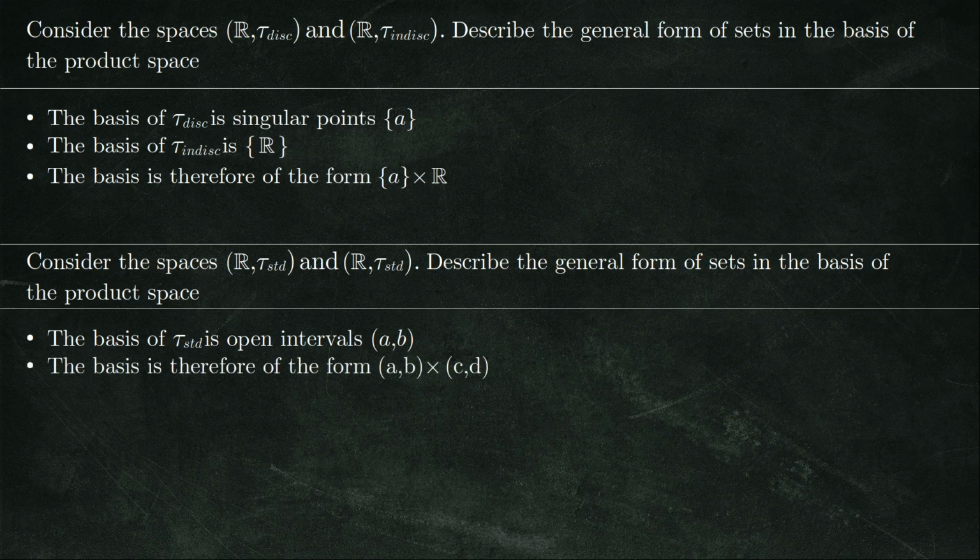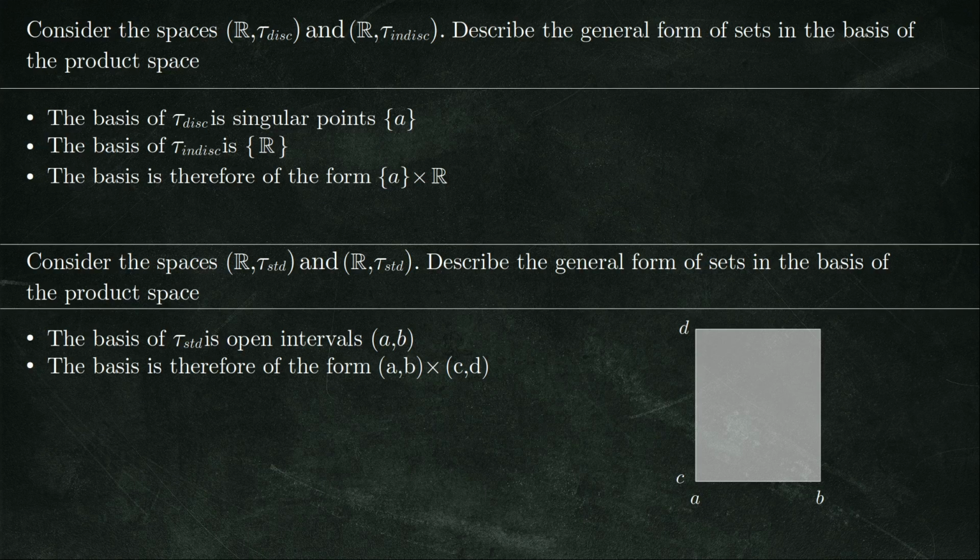Therefore, the basis is of the form open interval cross open interval. And that's just rectangles, where they're open rectangles and so the boundary is not included. And something we will see in a couple of slides' time is that this is equivalent to the Euclidean topology on R squared. Even though these are rectangles and the Euclidean topology is open balls, or in 2D it'll be circles, we'll show that actually they are equivalent in the sense that what's open in one is open in the other.